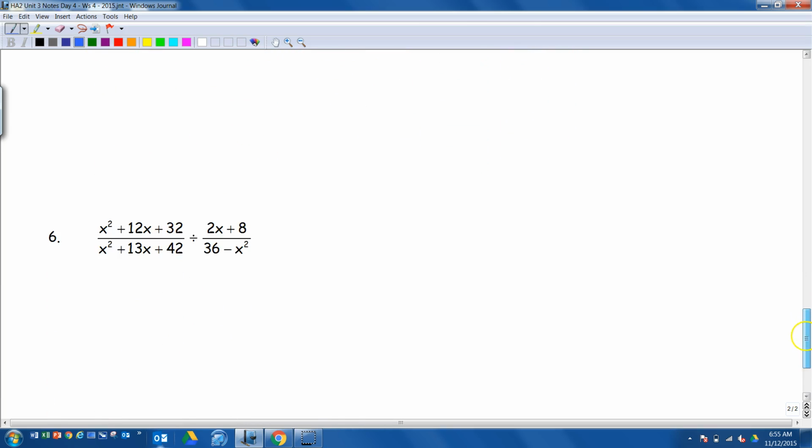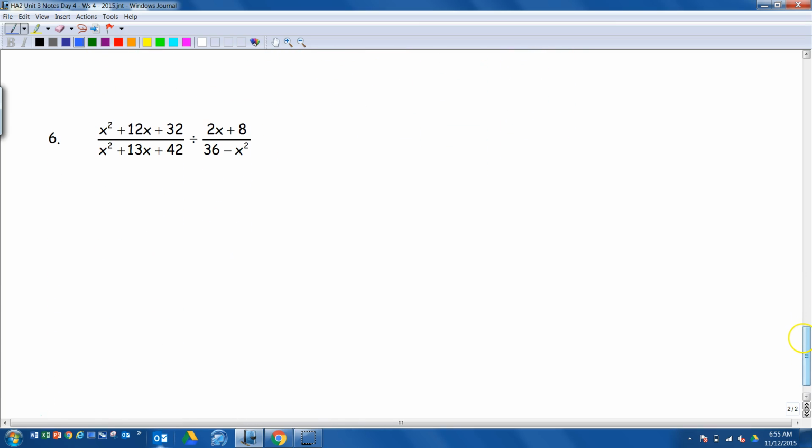Alright, last one. Two numbers that multiply to 32. What is that, 8 times 4? Yeah, there we go. 42, what is that, 6 and 7? Times, I'm flipping this, and now here's where you have to be careful. This is in the wrong order, so we have to take a negative out.